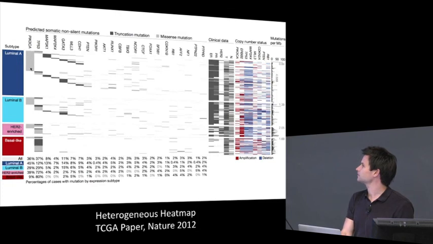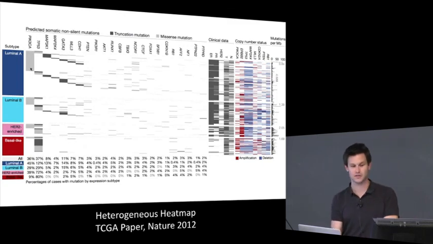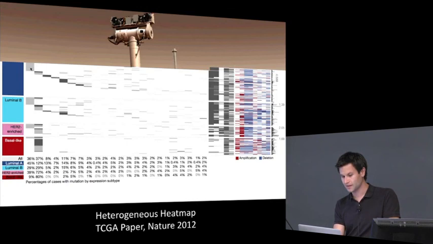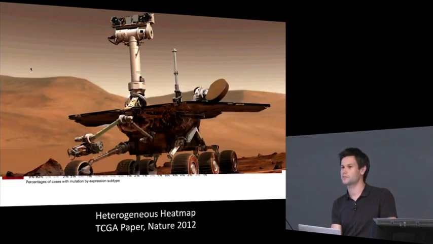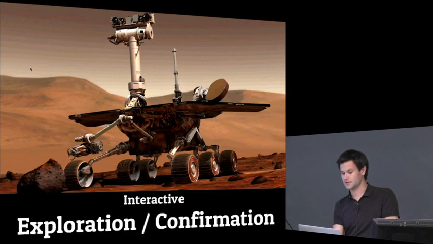So here you have the different genes, and you see this group of patients, almost 50% in that group have a mutation on that particular gene. And this is just a static image published in a paper, and its purpose is to communicate a point. So facts that they already knew.